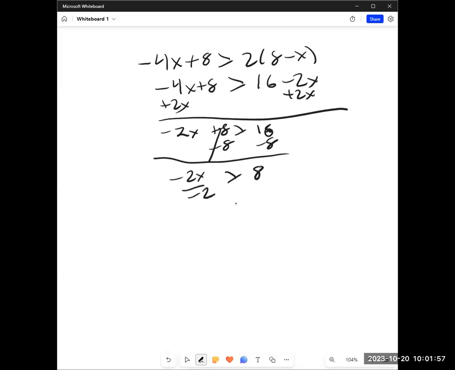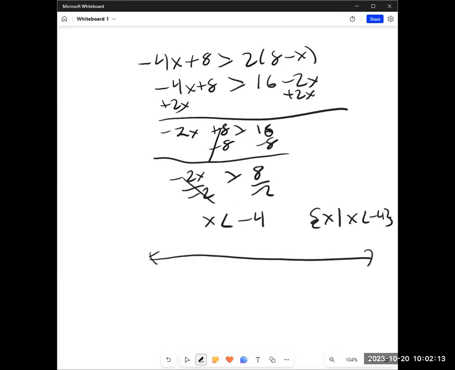And then I need to divide by negative 2. And remember to switch the direction of your inequality sign when you do that. So that gives me an answer of all x's such that x is less than negative 4. Negative 4 is somewhere here. And I want answers that are less than it, so I get negative infinity to negative 4, not included.